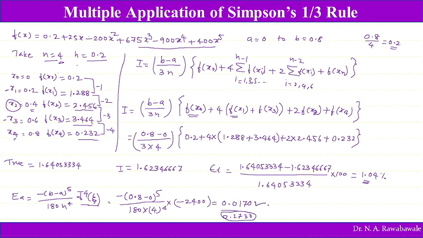This error earlier was 16%, and this is reduced to 1%. So if we divide the complete area into multiple segments, and use this application of Simpson's 1/3 rule, the error is likely to reduce to a greater extent.